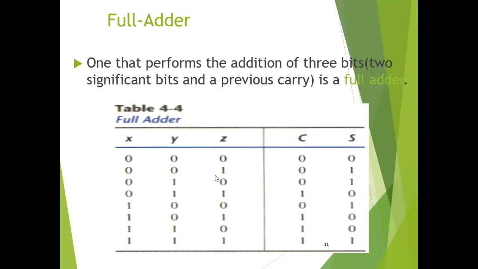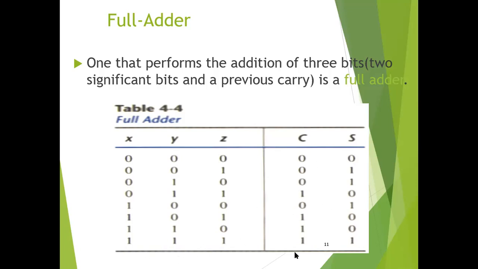For these 4 combinations, the output S will be equal to 1. The C output has a carry of 1 if 2 or 3 inputs are equal to 1. C is a carry bit, and it will be equal to 1 when 2 of the inputs are equal to 1, or when all 3 inputs are equal to 1.